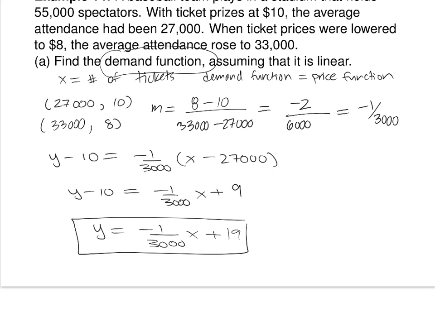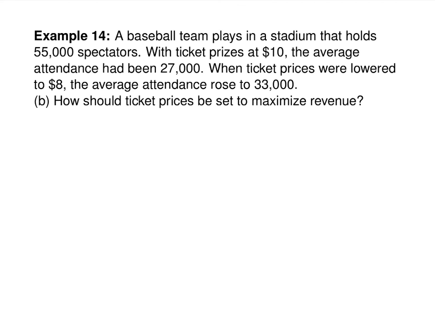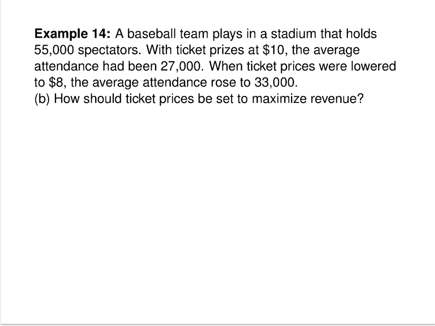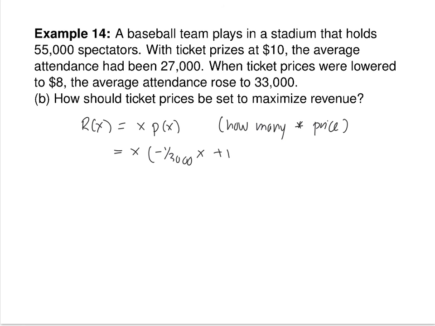All right. How would you set ticket prices to maximize revenue? So revenue is x, which is how many things you're selling, times p of x. So how many times price. So x times negative 1 over 3,000 x plus 19, or negative 1 over 3,000 x squared plus 19x.